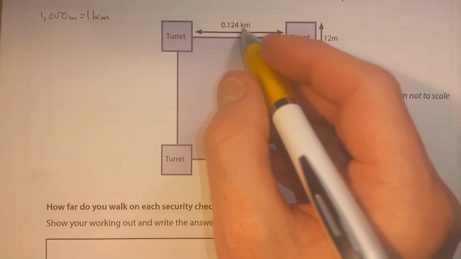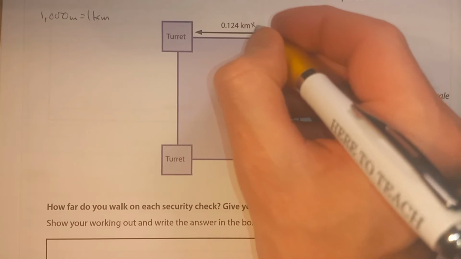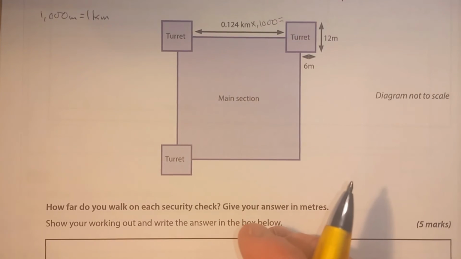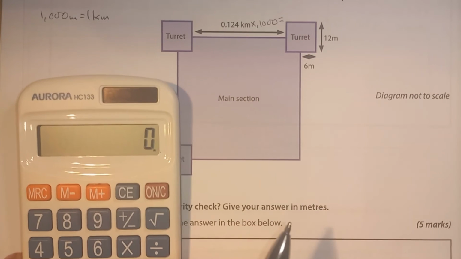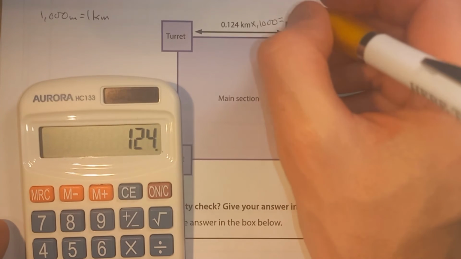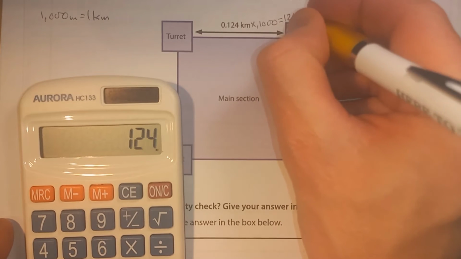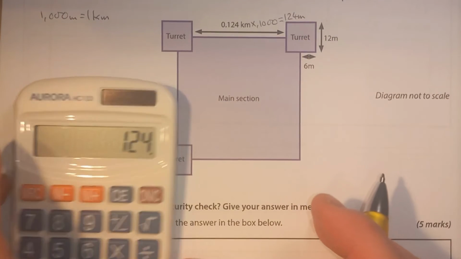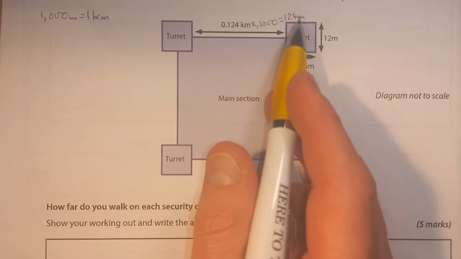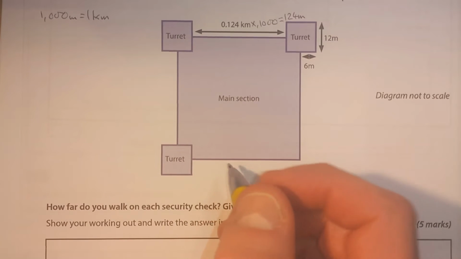So if I want to convert this into meters, I'm going to multiply it by 1,000. So 0.124 times 1,000, and we're going to get 124 meters. That's just going to make life easier. We can forget about the kilometers bit now, just use 124 meters.